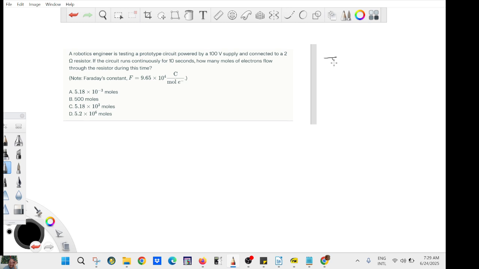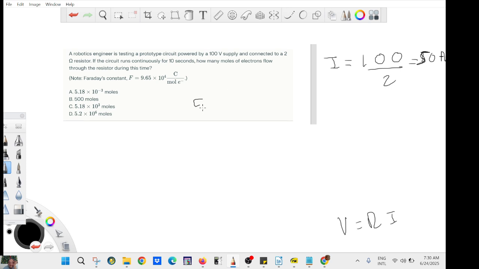So the current will be voltage, using Ohm's law, V equals RI. So the voltage, and then the resistance, you have a 2 ohm resistor, so divided by 2, which is 50 amps. Okay, so 50 amps.